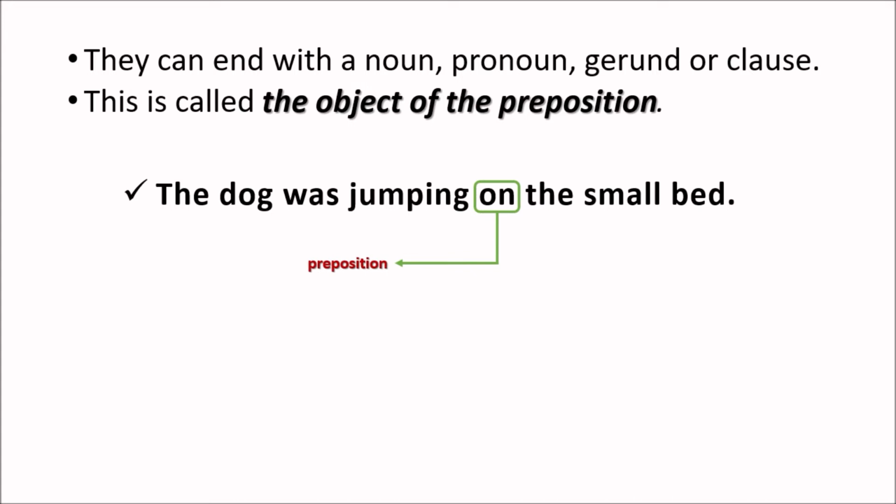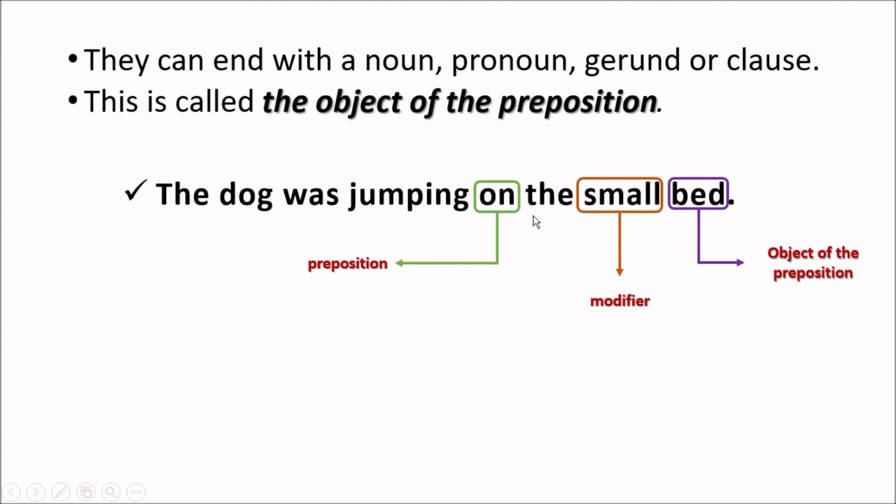What is the noun that is giving you information about that preposition and about the rest of the sentence? You got bed, right? You got your object of the preposition. What is small? Small is a modifier, and in the case of the, it's a determiner, right? So all of these components are included within a prepositional phrase.